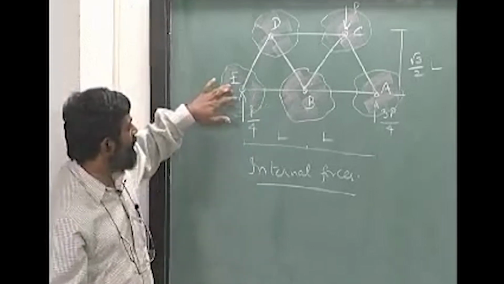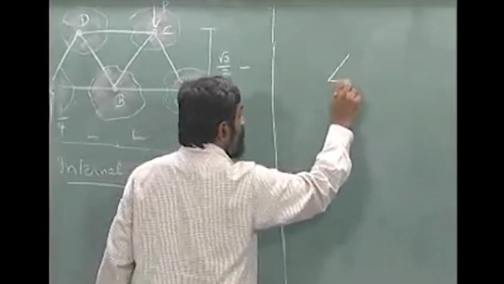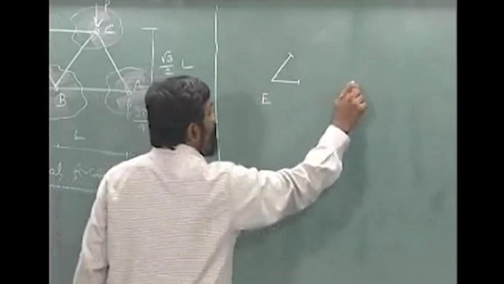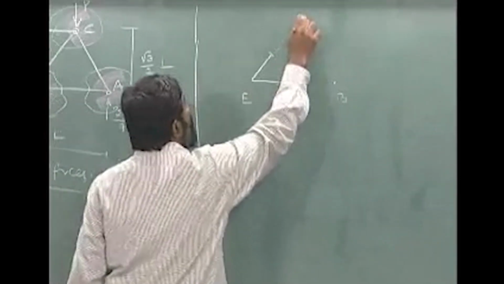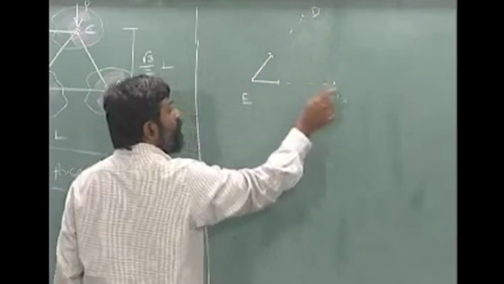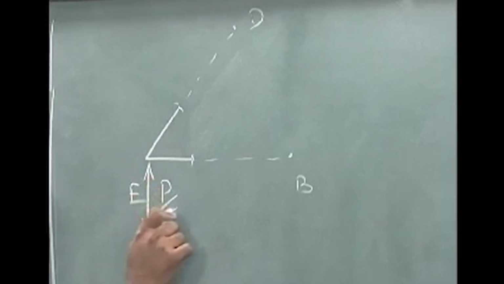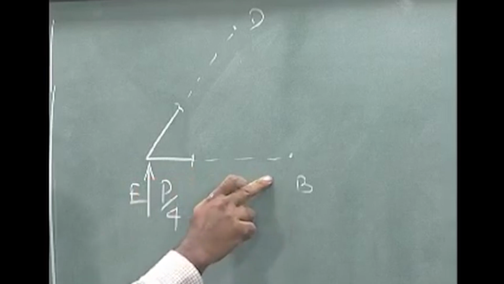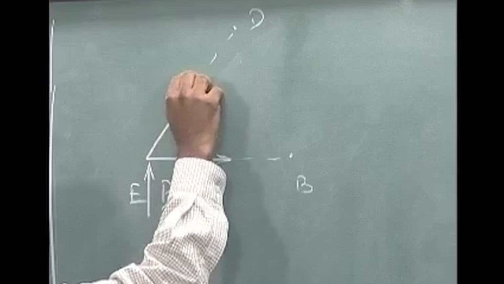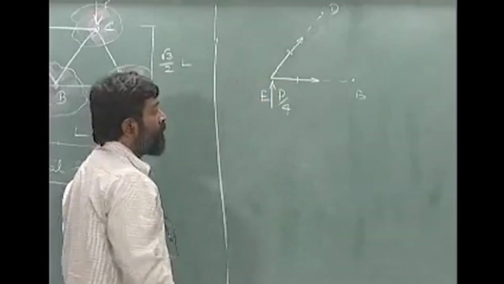Okay. Let us take E for example. We have cut here, this is E, we have B over here, we have D over here, that these two members have been cut. There is an external force acting on it equal to P by 4. Since we have cut here, we will be exposing an internal force in each of these members that act along the axis of these members.